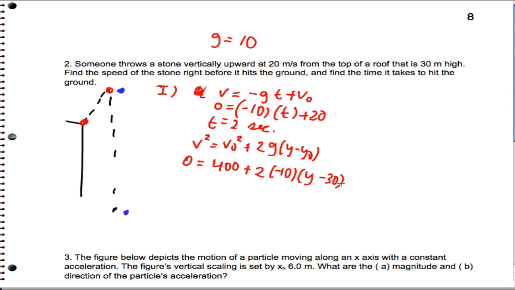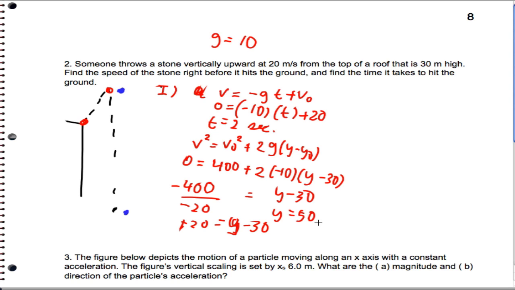So it starts from an initial height of 30 meters. So what that means is negative 400 divided by negative 20 equals y minus 30. And what that means is negative 20 equals y minus 30. Did I get this right? No, positive 20 equals y minus 30. So y ends up being 50 meters high.